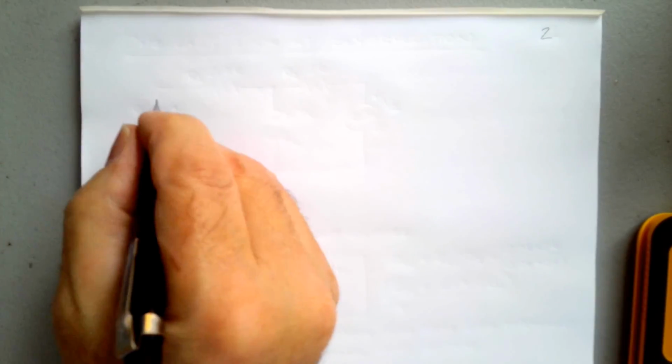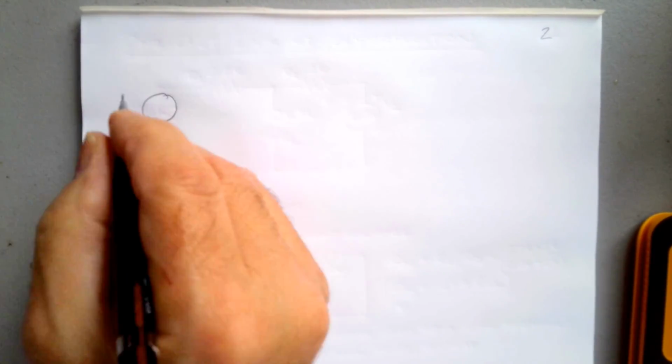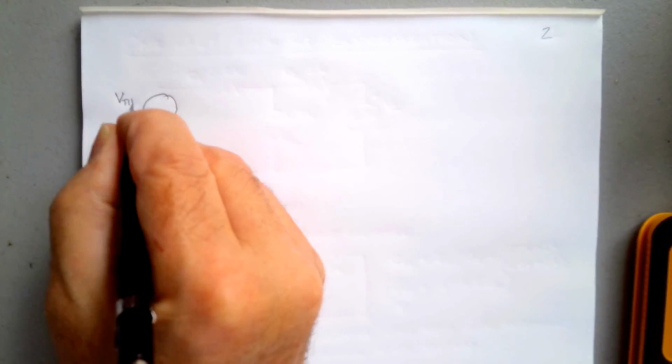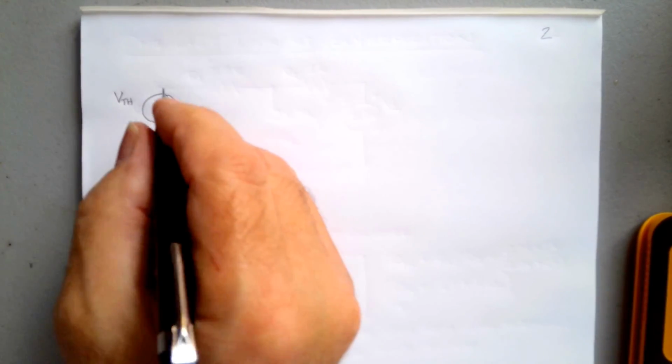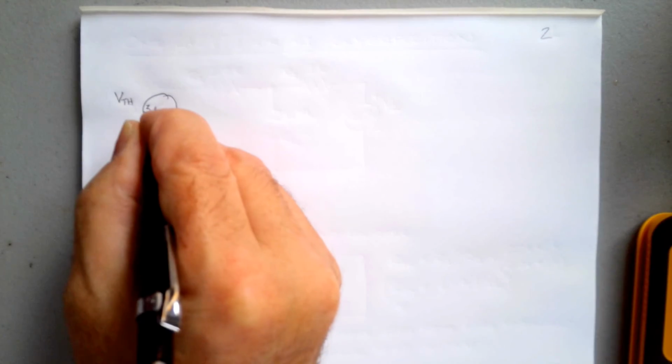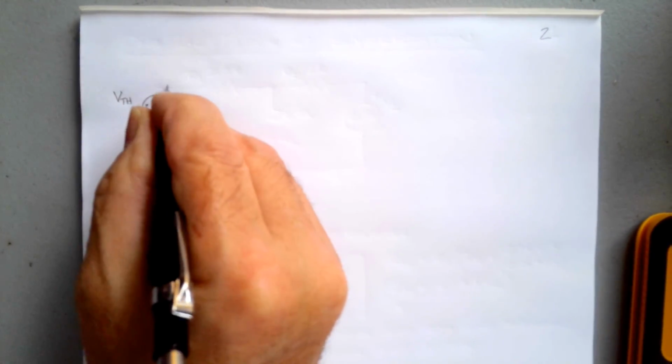And now we can take a look at this from a Thevenin standpoint, and we could say we have VTH is 3.28 volts.